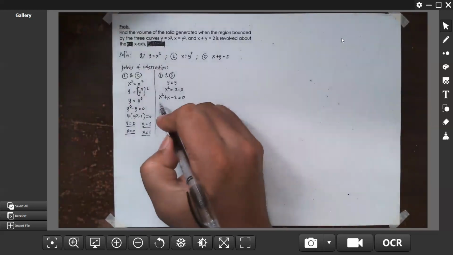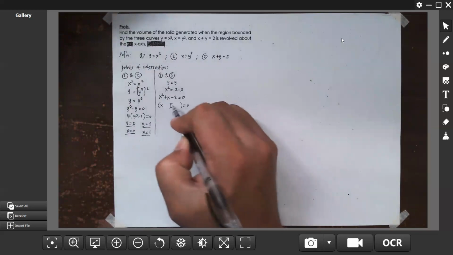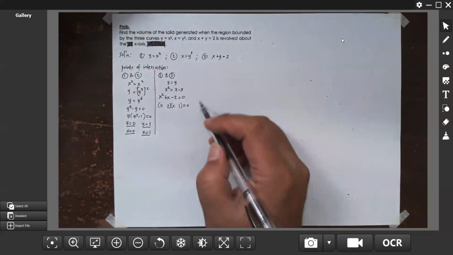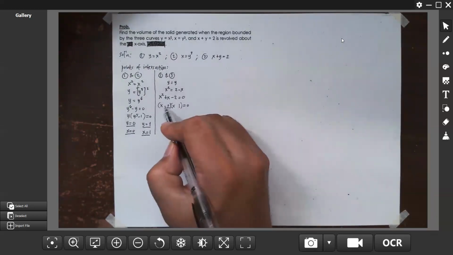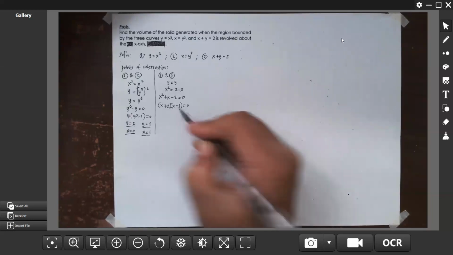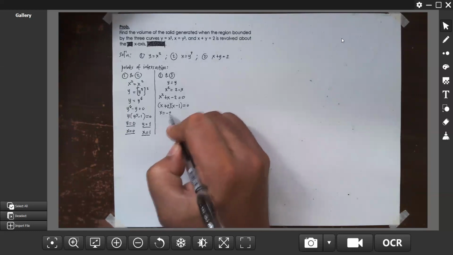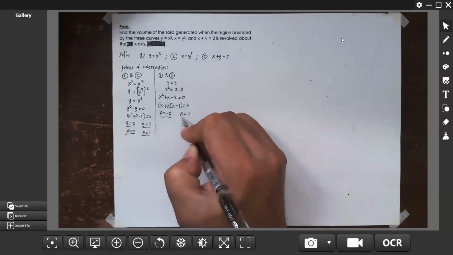By factoring, the factors of 2 are 2 and 1, and since the sign of the middle term is positive and 2 is bigger than 1, it's plus 2 and minus 1. So therefore, x equals negative 2 or x equals 1.